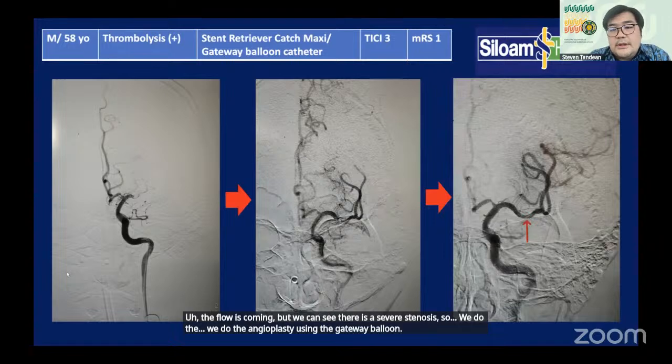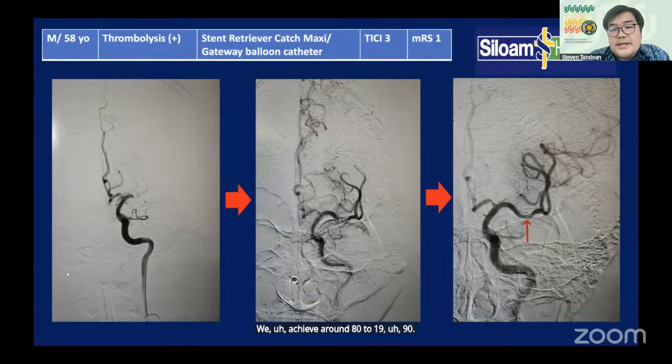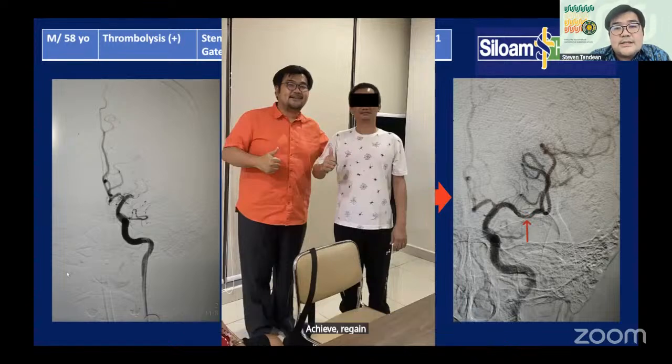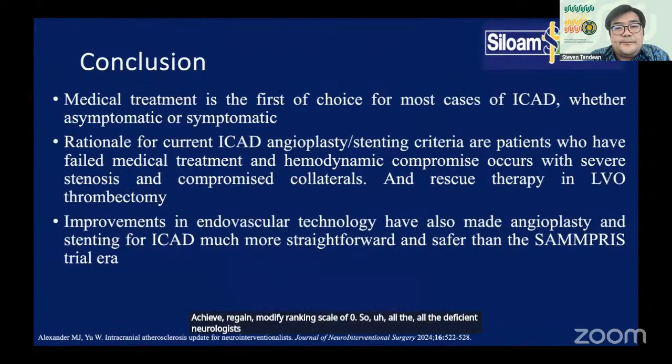We achieved around 80 to 90% recanalization. And after 2 months, the patient regained a modified Rankin scale of 0. All the neurological deficits recovered well.